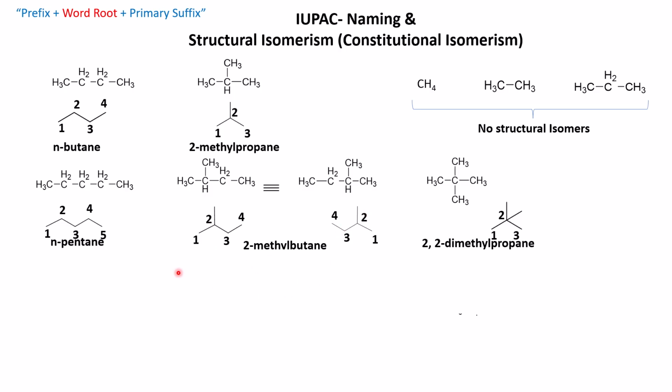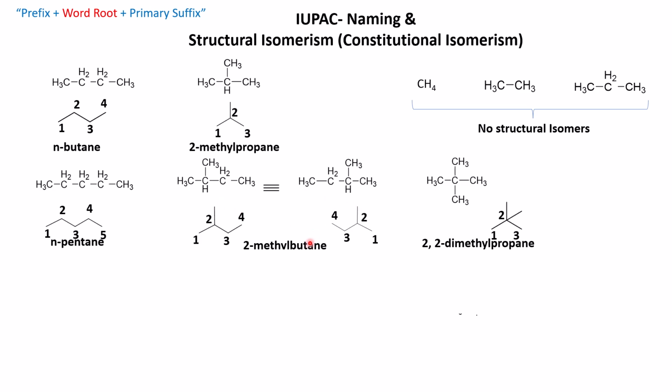Because if you start numbering the longest carbon chain, you have 1, 2, 3, 4 in both structures. In terms of the CH3 substituent, the locant is important, and it's the second position in both of these cases.